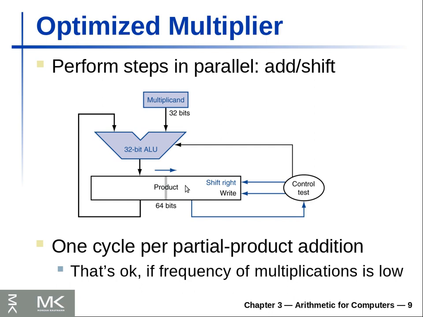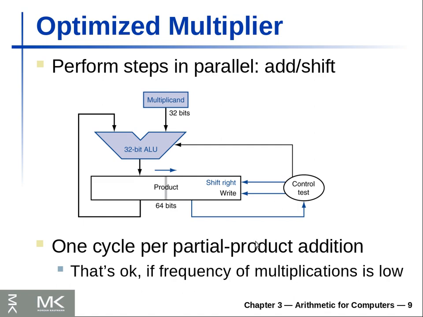Completely wrong what I just told you. The multiplier is stored on the lower 32 bits. Lower 32 bits is where the multiplier is. The reason for that is it's going to test that last bit for the control test. And if it does pass, it's going to add the multiplicand to the top half of the product. And then it's going to shift the whole thing to the right.